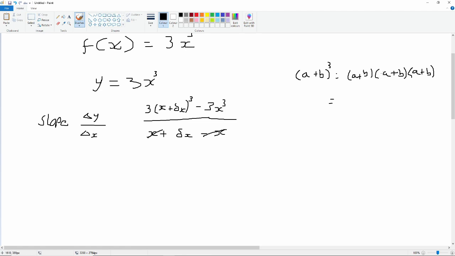That's just a into a plus b plus b into a plus b, and then of course the whole thing is multiplied by a plus b.